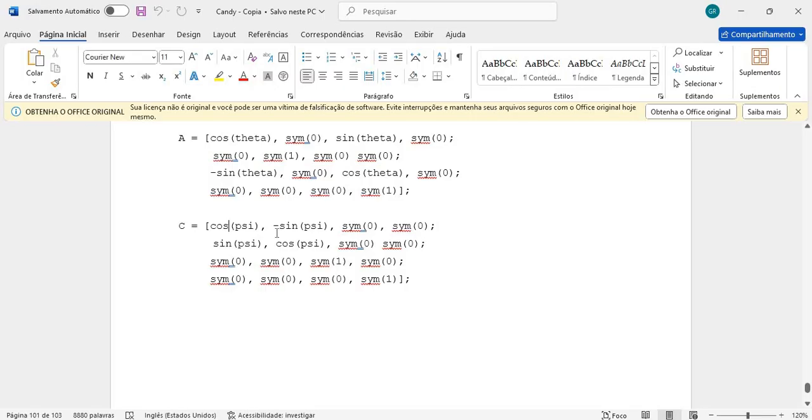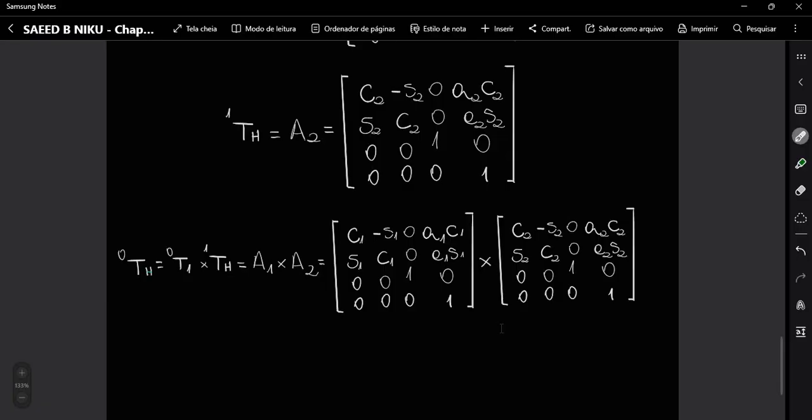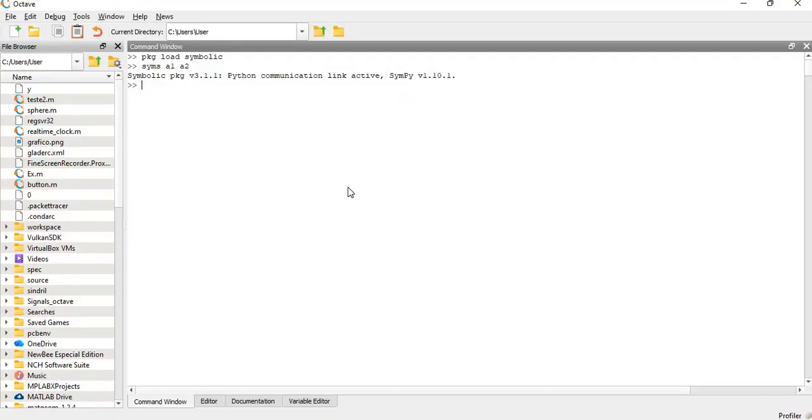I think I should use the numbers 1 and 2 as symbols because of this index on the sine and cosine component. So let's try again.